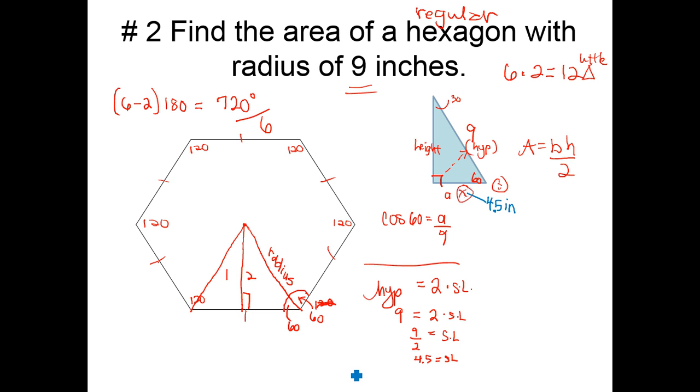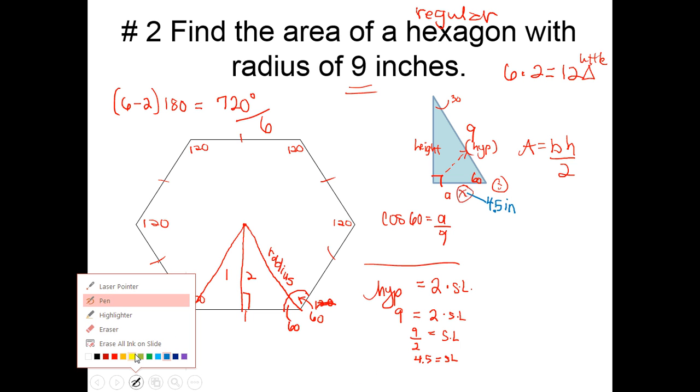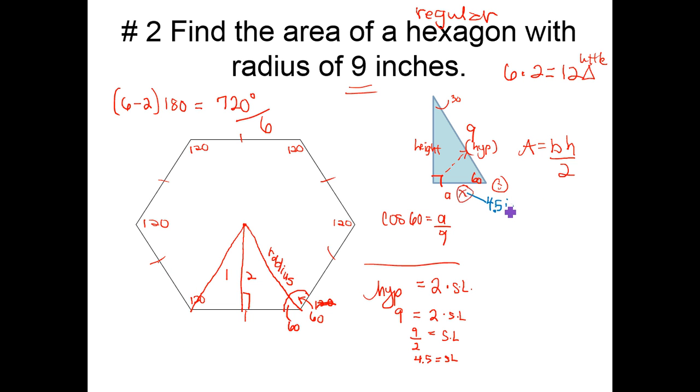Now I need to find the height. How am I going to find the height? Well, this is pretty cool because I can either use trig. In this case, I would do the sine of 60 is equal to opposite over hypotenuse, which is 9.